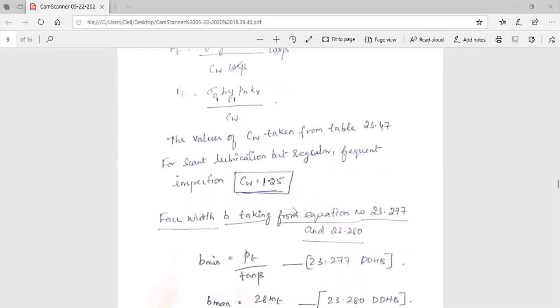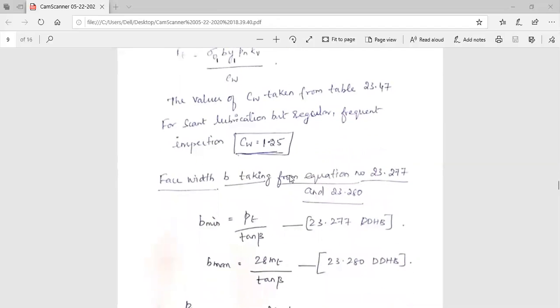After that we need the phase width. Here sigma naught 1 is already taken from the data handbook. Now we need the phase width b. The phase width b is taken from equation number 23.277 in the new data handbook.